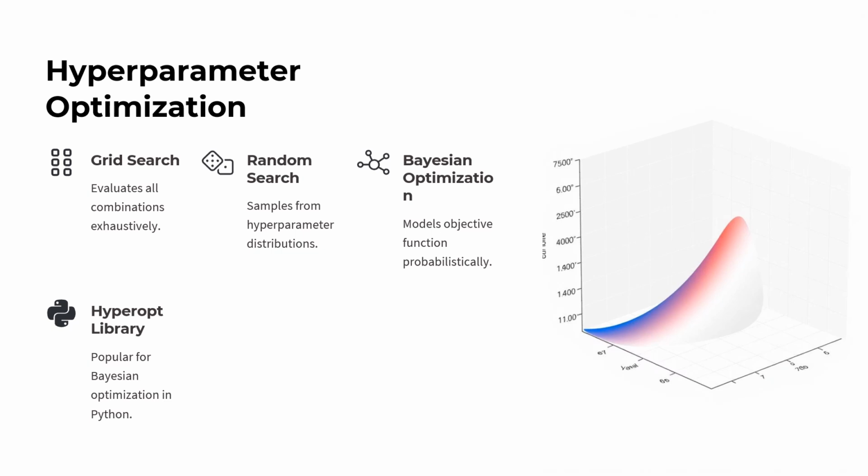And if you want something smarter, go for Bayesian optimization. It learns from previous attempts and predicts better values. Tools like Hyperopt make this easy in Python. All of this helps you squeeze the best out of your models without wasting time.